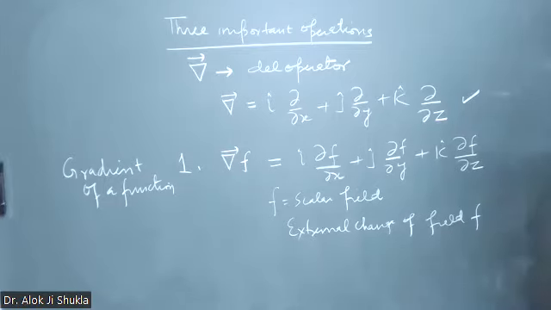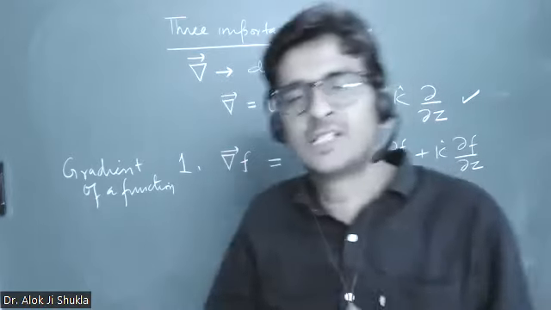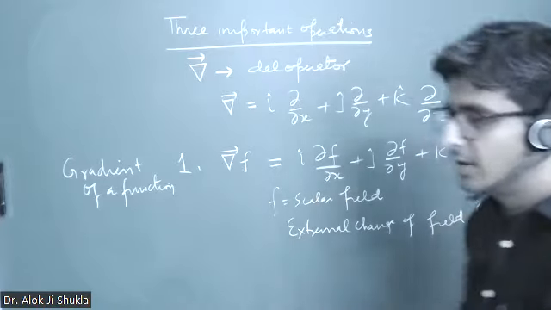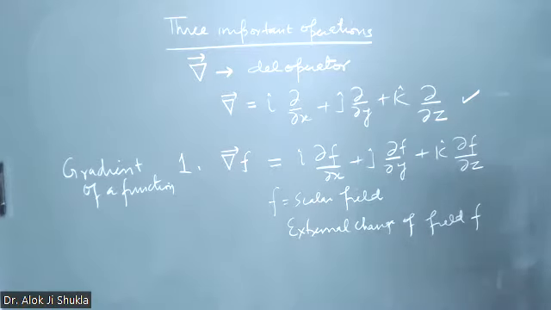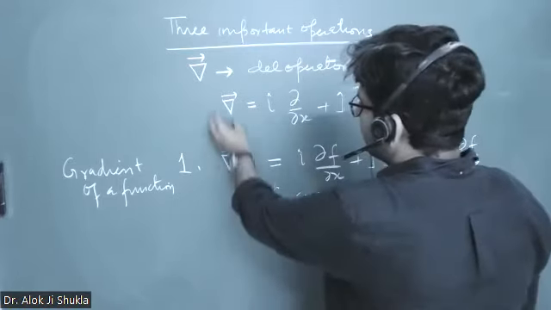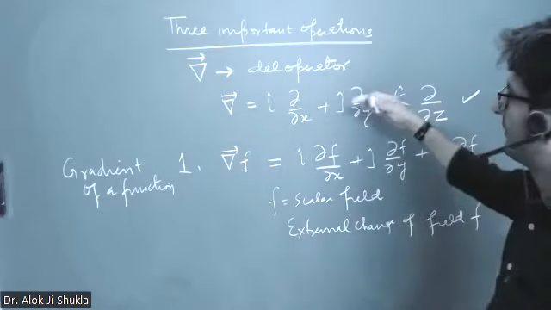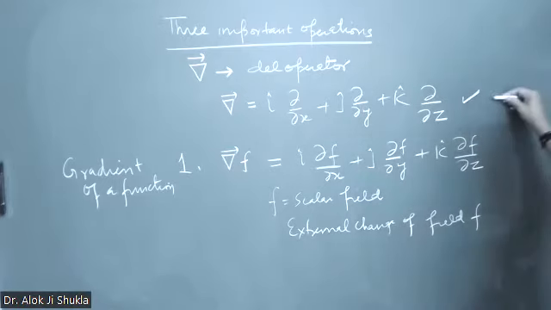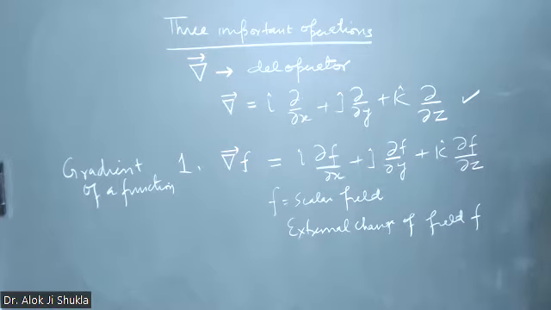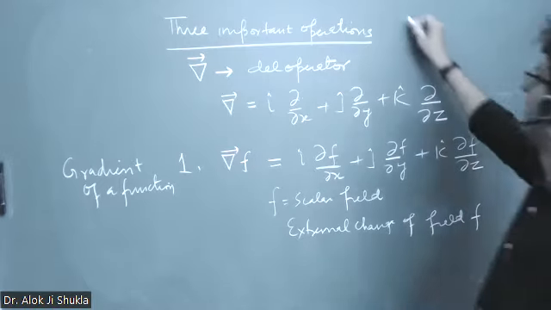So it represents the fastest, the greatest change. Why it is important, I will give you an example. Operation-wise it is clear now. It is just operated from this side, so obviously f will be multiplied here, here and here.